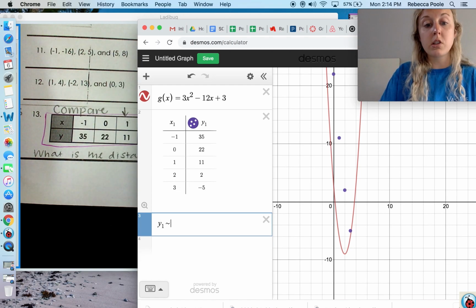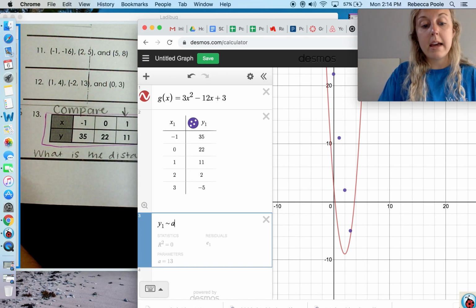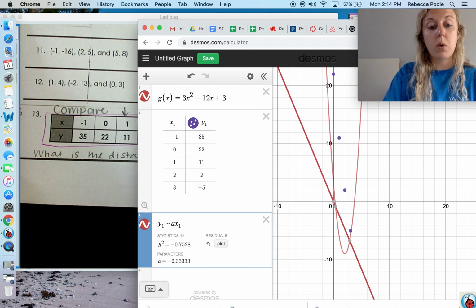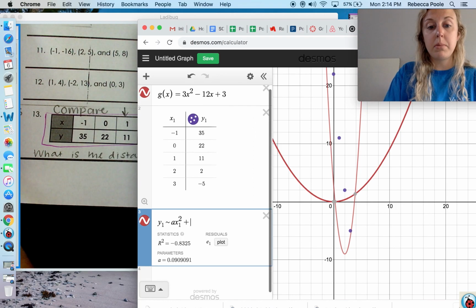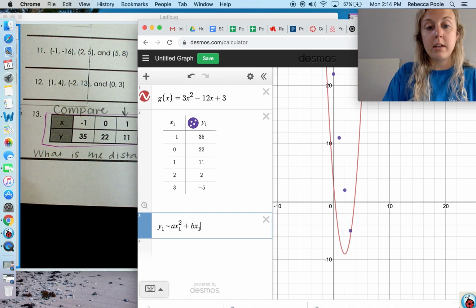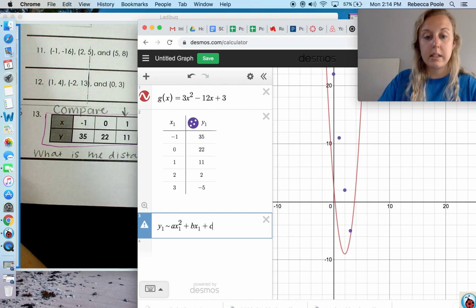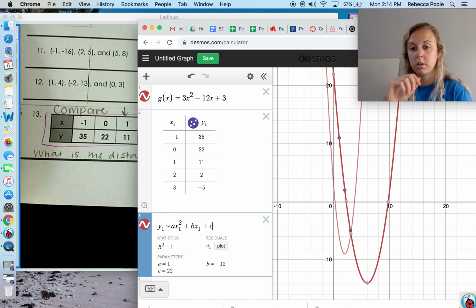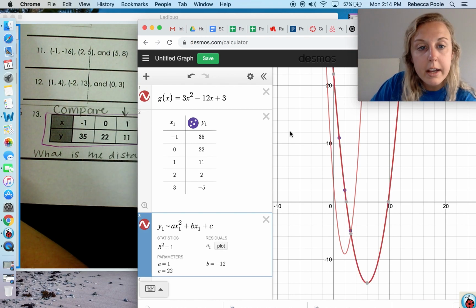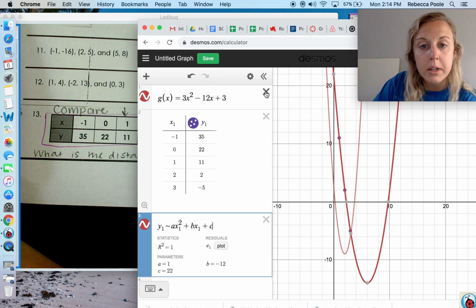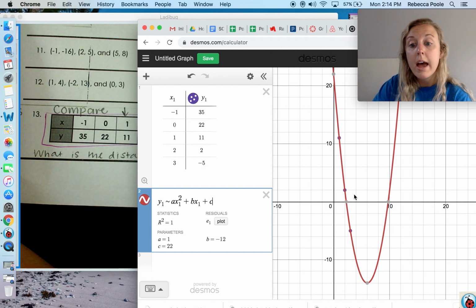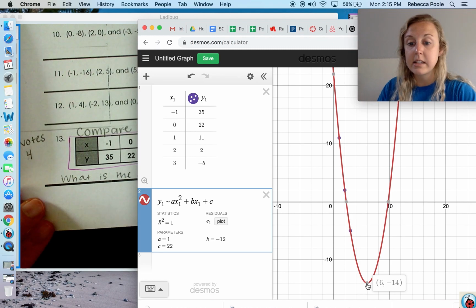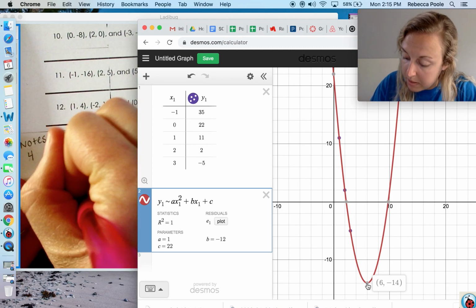So y1 squiggle ax1 squared, because it's ax squared, over arrow to get out of it, plus bx1 plus c. All right, and I'm going to get rid of this first graph just because we don't need it anymore because we wrote down the points. So now all you have is this one graph, and it's very easy to see that the vertex of the pink is at (6, -14). So I'm going to copy that down.